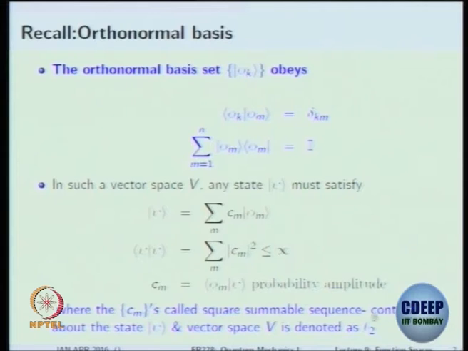So little L2 is a vector space which constitutes all possible states psi such that the Cm's satisfy this criterion or the norm is finite, then you call this vector space L2. Okay, so this is a discrete set of basis states, and we'll come slowly to a continuum set, countable, uncountable, and so on.